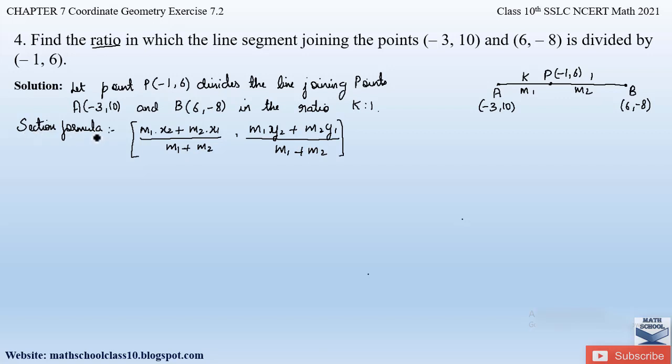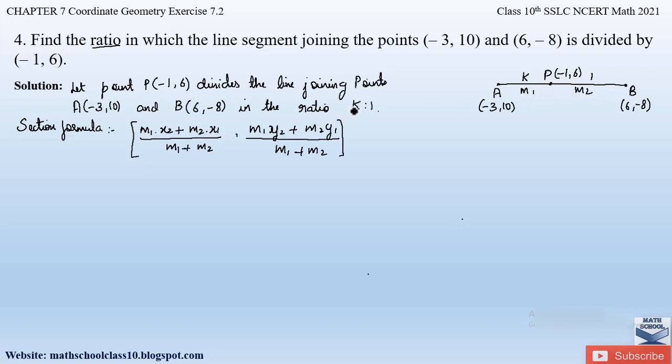This section formula basically gives us the coordinates of the point which divides the line segment AB in the ratio m1 is to m2. So this is nothing but the coordinates of a point. But already they have given us the coordinates of the point, that is (-1, 6). Now we have to find out the value of m1 and m2, that is the ratio in which this point divides the line segment.